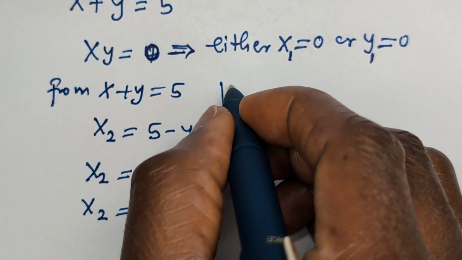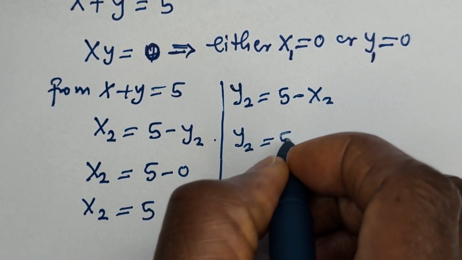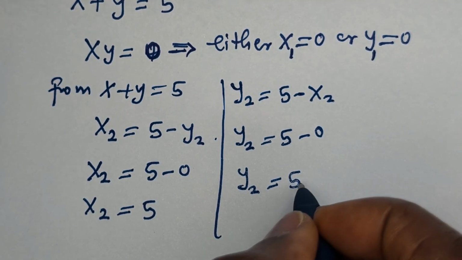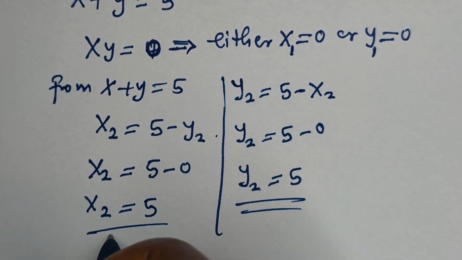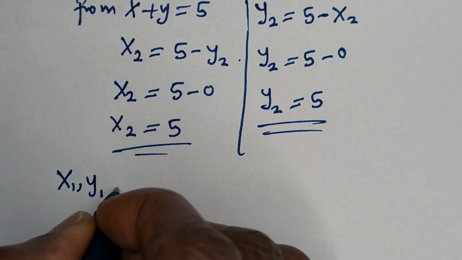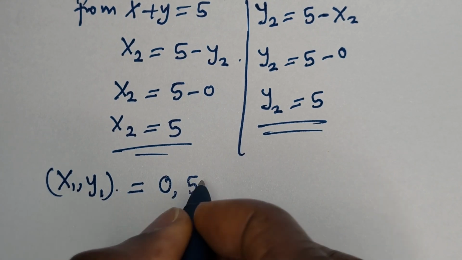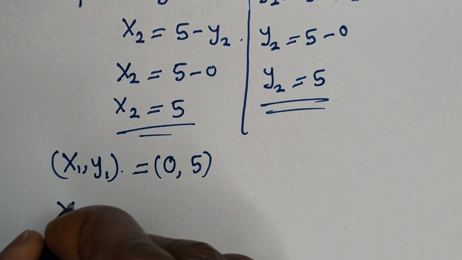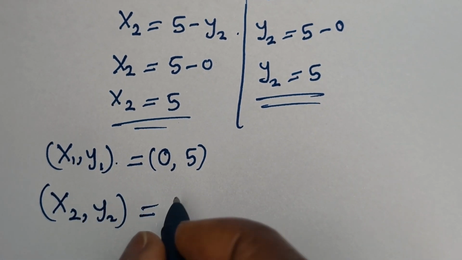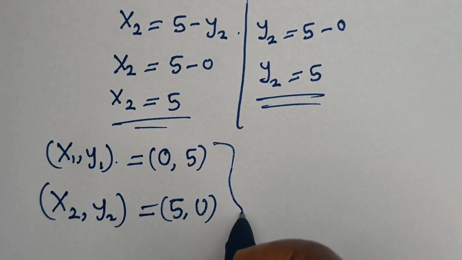Also, y2 is equal to 5 minus 0. y2 is equal to 5. Therefore, our final answers are (x1, y1) is equal to (0, 5), and (x2, y2) is equal to (5, 0). These are the final answers.